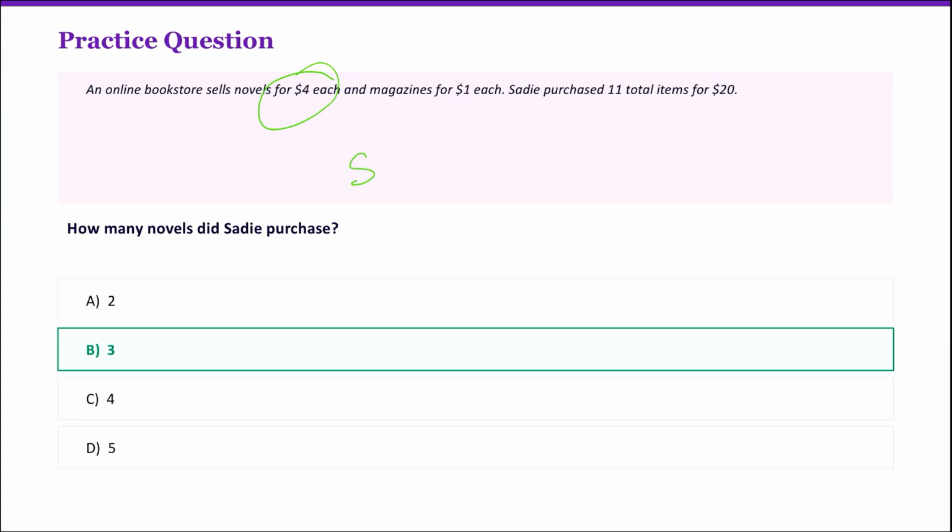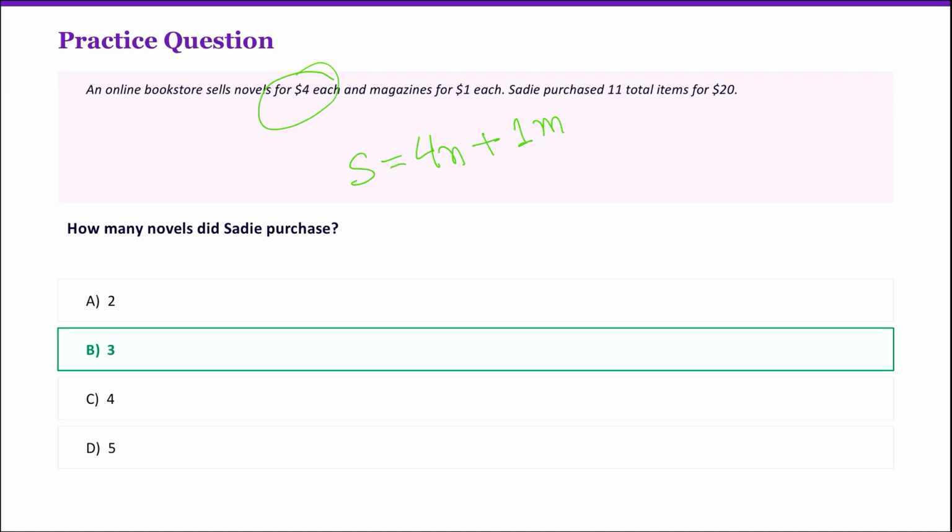So let's say S is equal to 4N. And then we have magazines for $1 each. So that would be 1M. So our total selling price is 4N plus 1M.